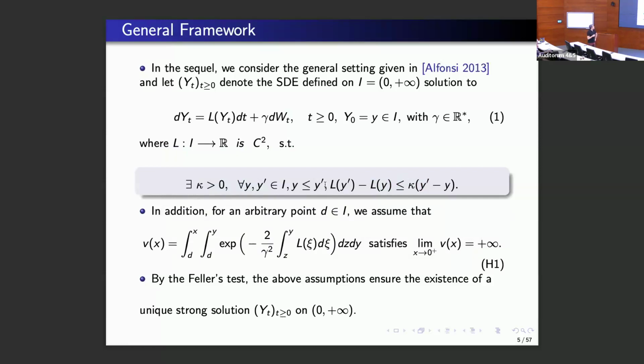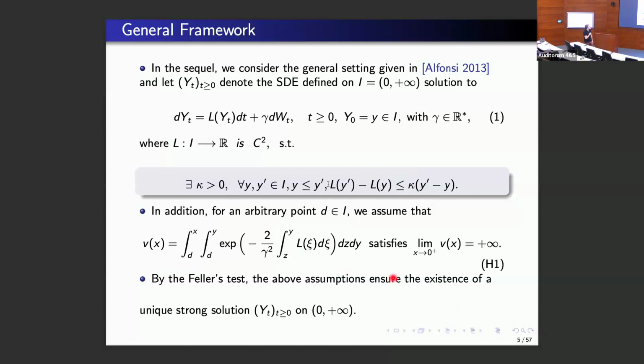So let me assume that here I consider the same setting as in a paper 11 years ago by Alfonsi, where he worked on this type of diffusions with additive noise and with drift L that may satisfy one-sided Lipschitz assumptions like this one. So we assume that we are one-sided Lipschitz. More than that, we assume that this function v of x, built from your drift, satisfies a limit to infinity when x is close to 0.